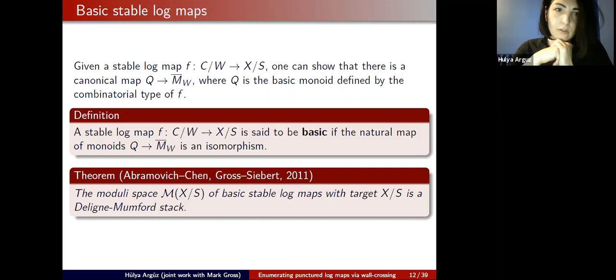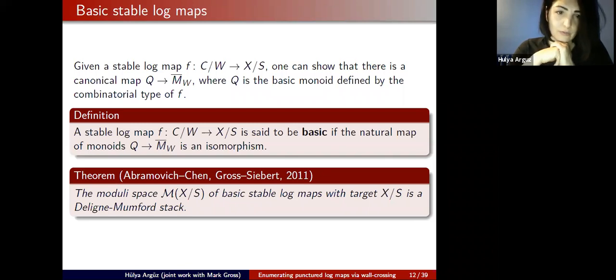Given a stable map, one can show that there is a canonical map from this monoid Q to the ghost sheaf of W, where Q is the basic monoid defined by the combinatorial type. By definition, a stable map is said to be basic if the natural map of monoids Q to M bar W is an isomorphism.